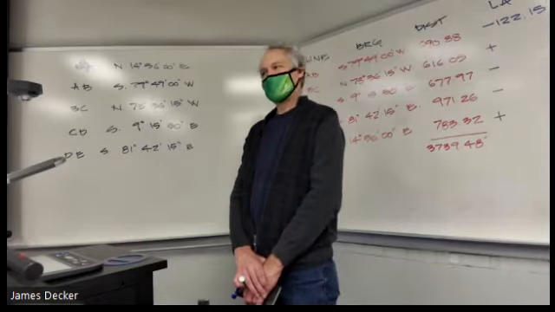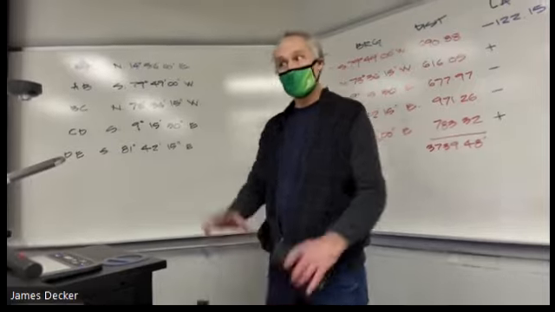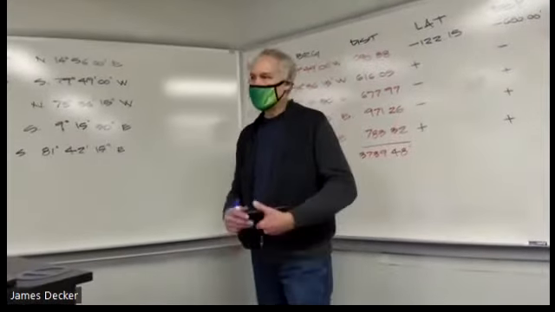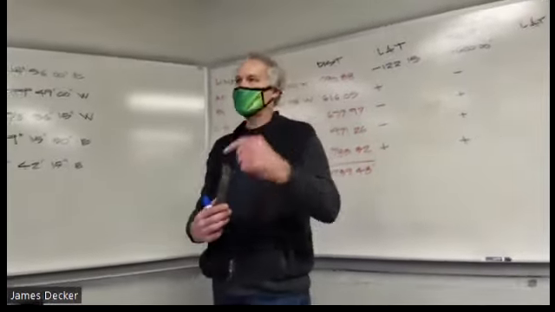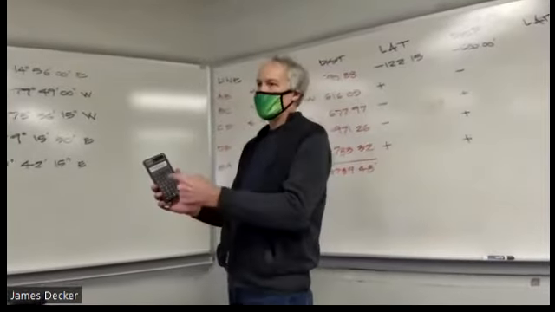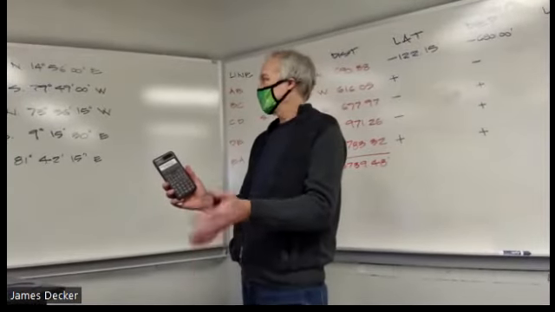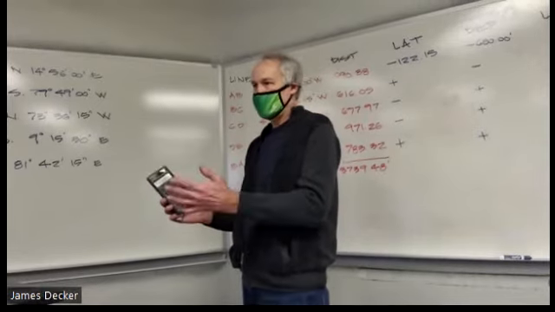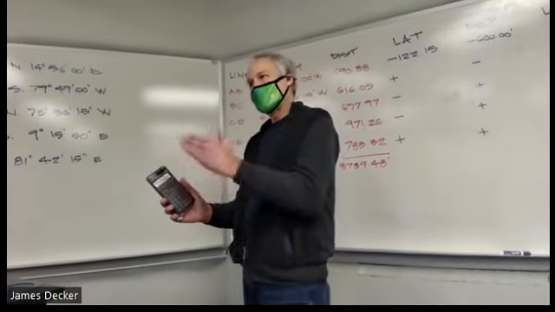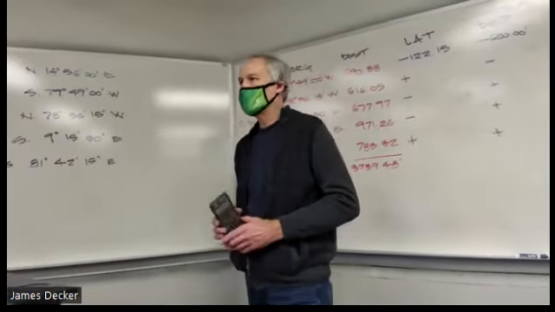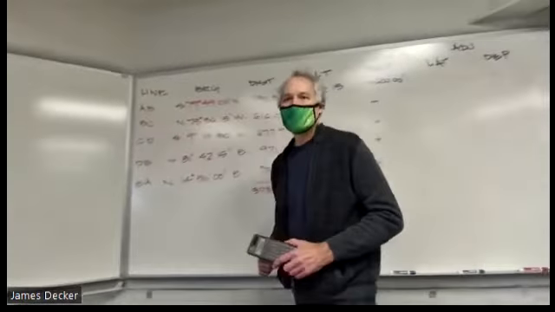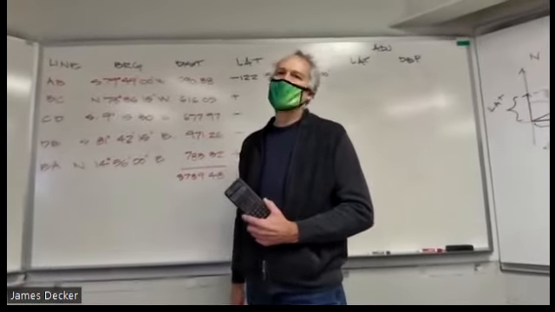TIs are a pain. They're not that simple. They used to be. Well, mine, I have a key that I have to hit, so I key in 79 and I hit this key and it says it's a degree, and then I type in 49 and hit that degree key. I still have to do that, but I can do it pretty quickly. The TI, sometimes you have to get into a higher level menu.